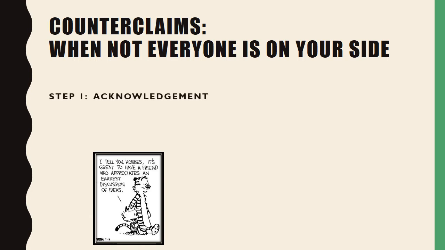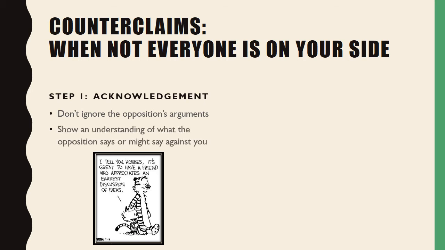So step one is to acknowledge. Step one of any counterclaim is to acknowledge the other side. You can't just pretend it doesn't exist. Don't ignore the opposition's arguments. Even if you disagree with them, even if you think they're the most ridiculous arguments in the world, you can't ignore them.